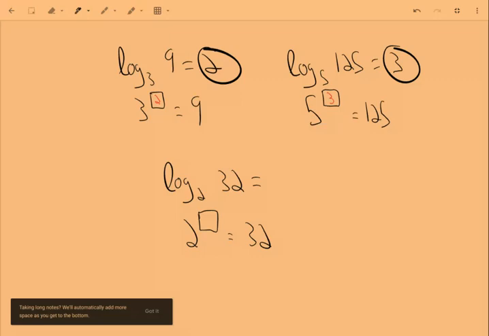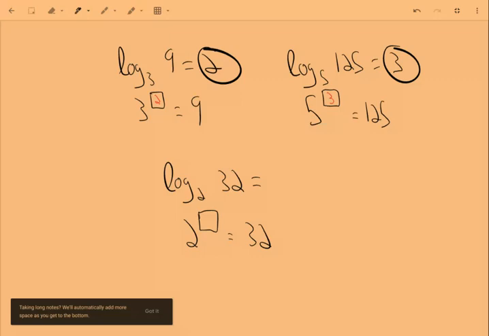So let's try to figure that out. 2 times 2 is 4. So 2 squared is 4. Times 2 is 8. Times 2 is 16. Times 2 is 32. So if I counted that right, that should be 2 to the power of 5.